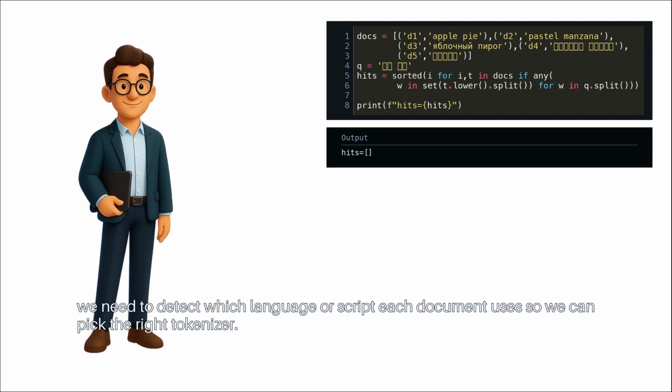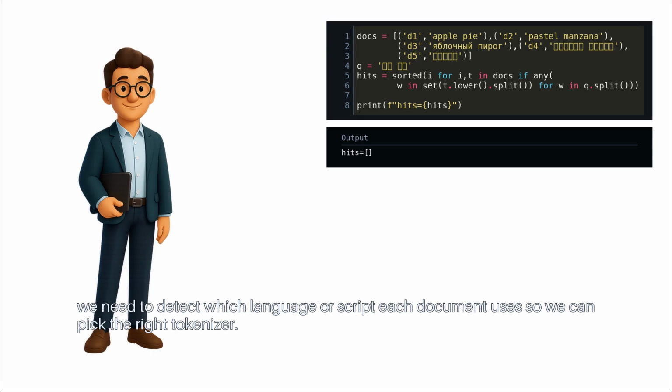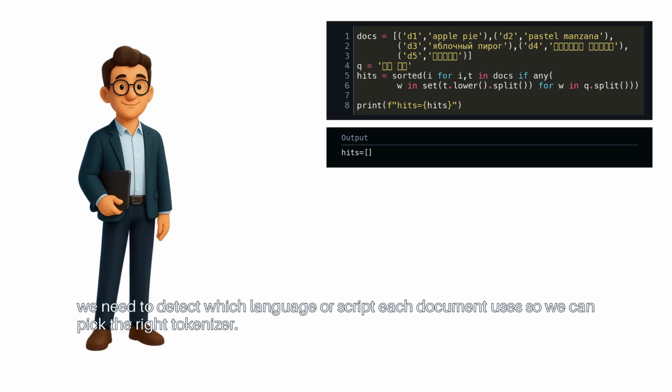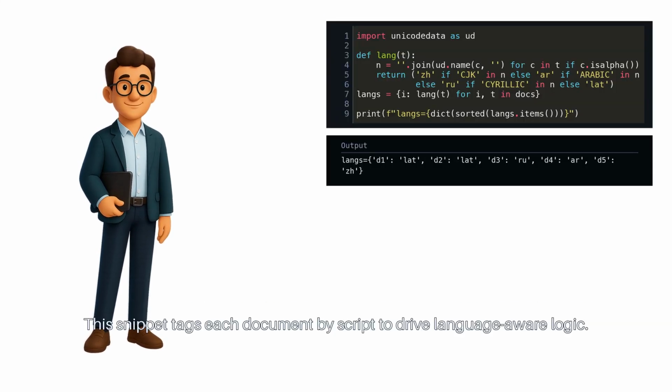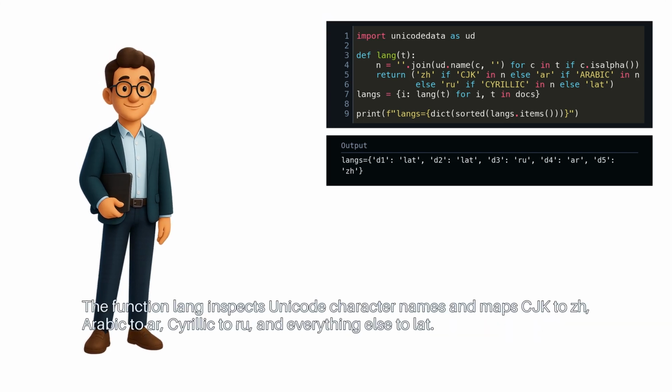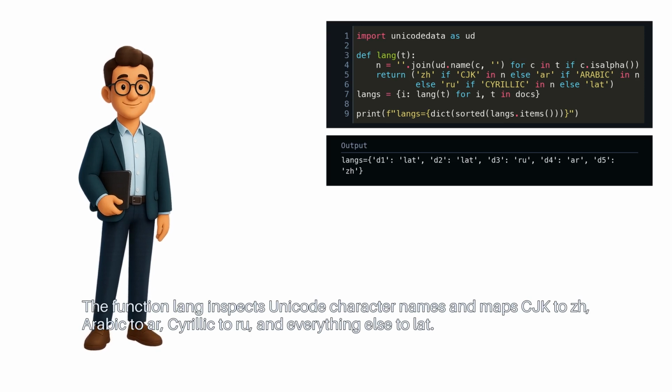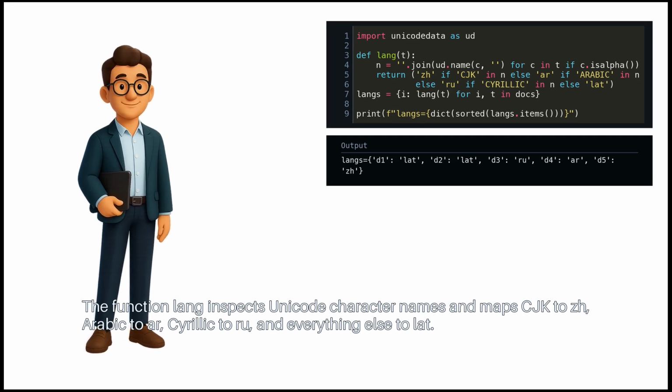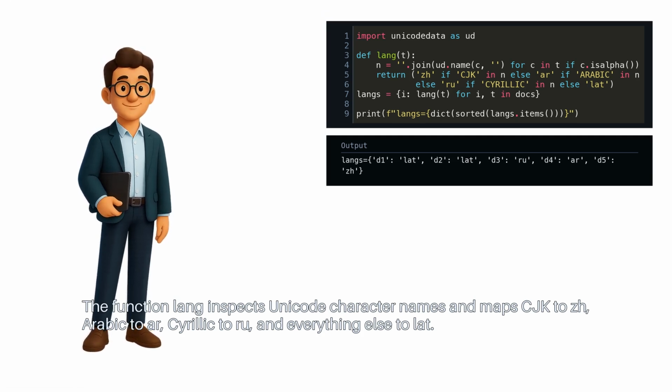Next, we need to detect which language or script each document uses so we can pick the right tokenizer. This snippet tags each document by script to drive language-aware logic. The function lang inspects Unicode character names and maps CJK to ZH, Arabic to AR, Cyrillic to RU, and everything else to LAT.